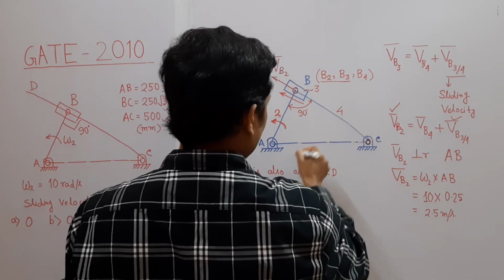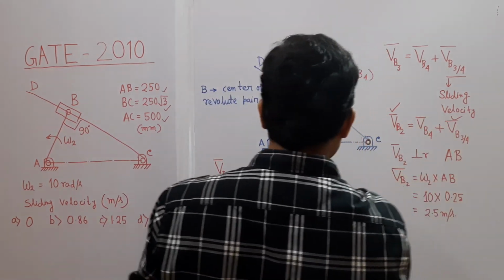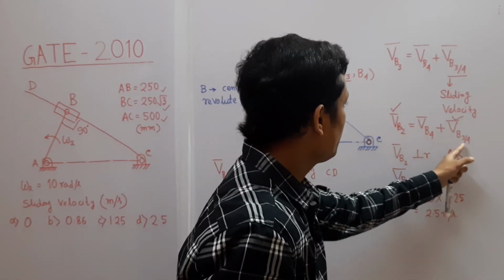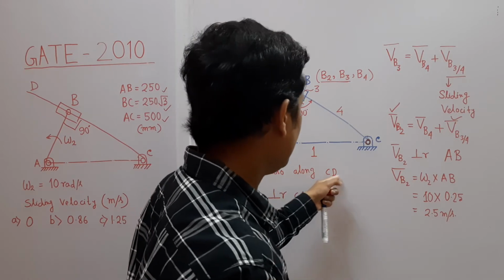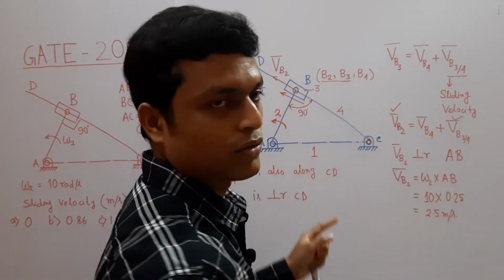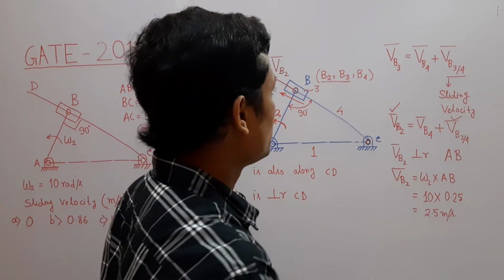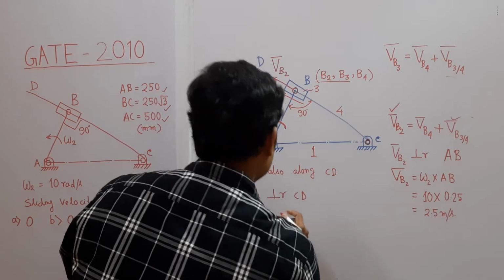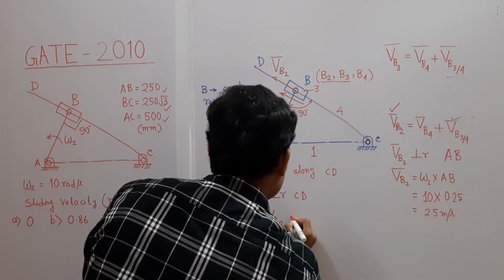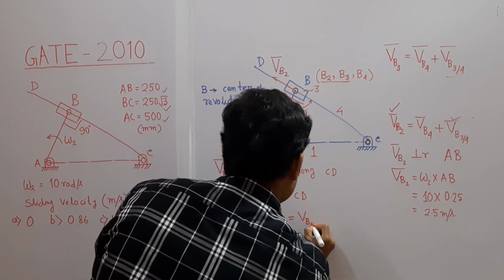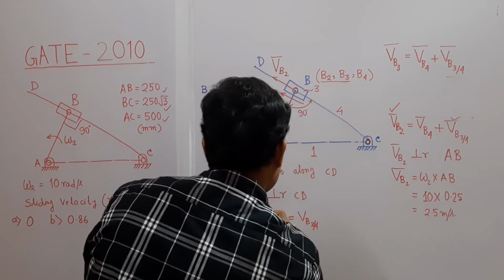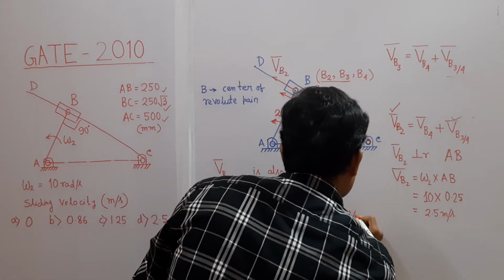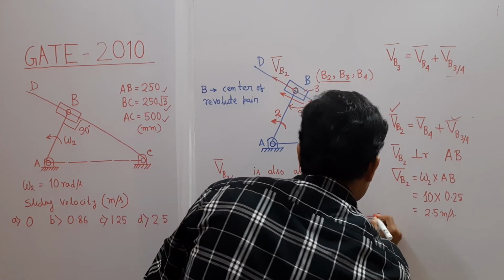Now V2 and V3/4 are in the same direction, along CD, and V4 is perpendicular to CD. So this condition is satisfied only when V2 is equal to V3/4 and V4 is 0.